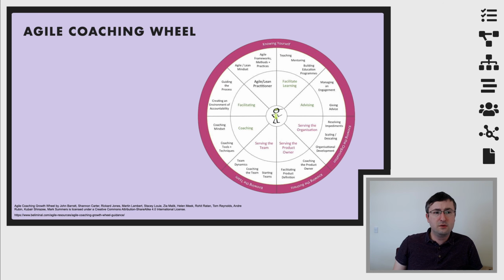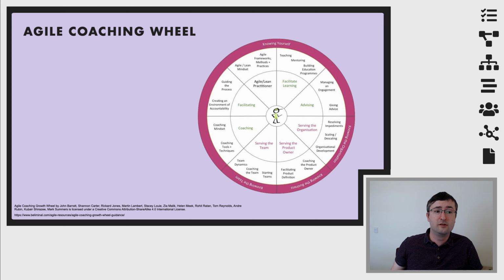The idea here is that we've got to try and identify areas that we want to improve upon from inside of this circle of items that look at knowing yourself, knowing the team, knowing the business, and knowing the organization, and then trying to figure out where you sit as an individual in terms of all of these different activities.